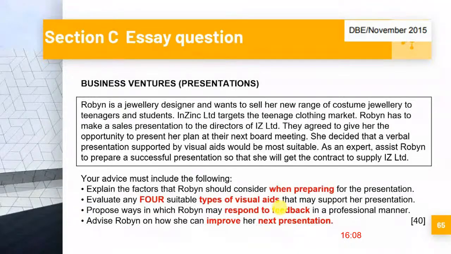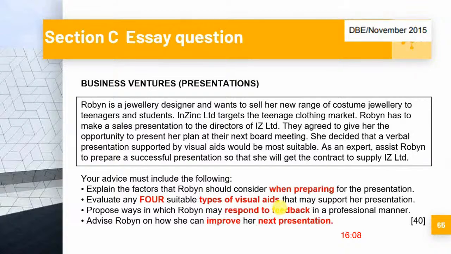Here in 2015, also business ventures, but asked differently. Robin is a jewelry designer and wants to sell her new range of costume jewelry to teenagers and students. Zinc Limited targets the teenage clothing market.